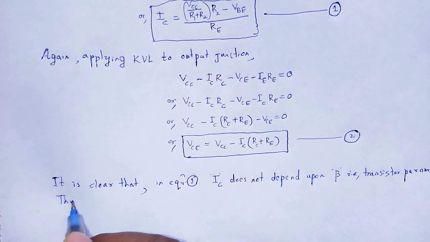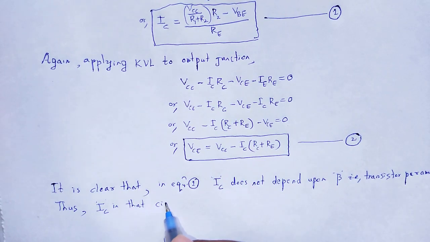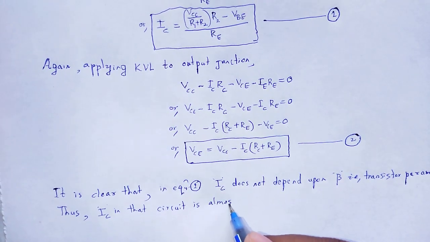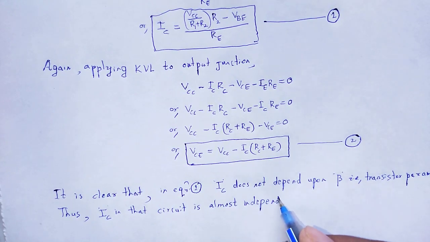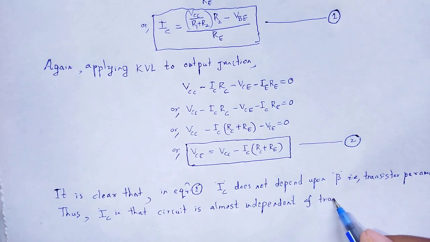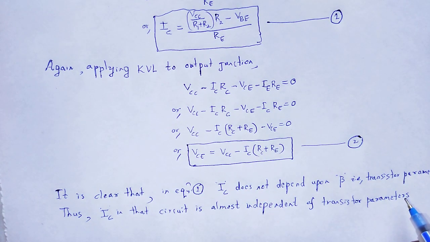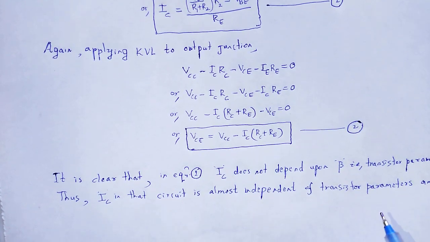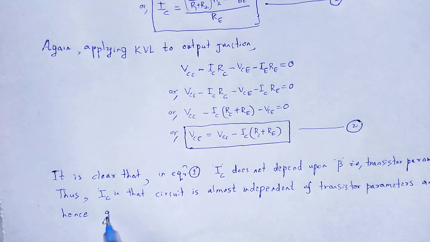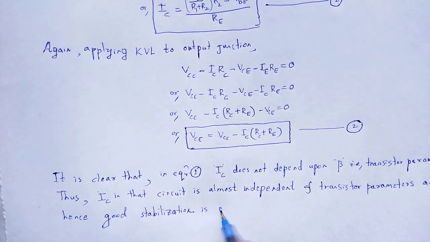Thus, IC in that circuit is almost independent of transistor parameters for that reason, and hence it provides good stabilization. Good stabilization is ensured.